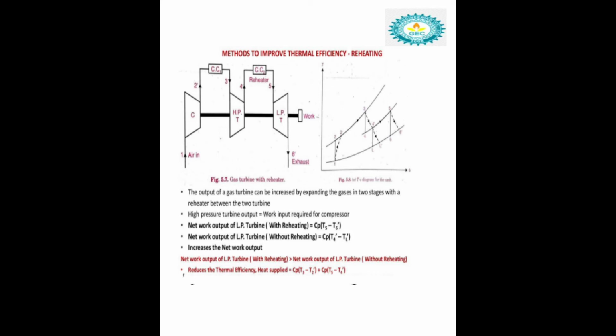In reheating, the network output of the low pressure turbine with reheating is equal to Cp into (T5 minus T6'). The network output of the low pressure turbine without reheating is equal to Cp into (T4' minus T1'). This increases the network output.